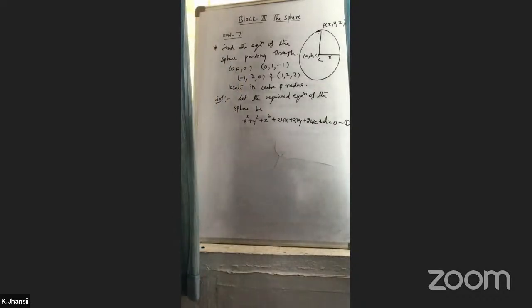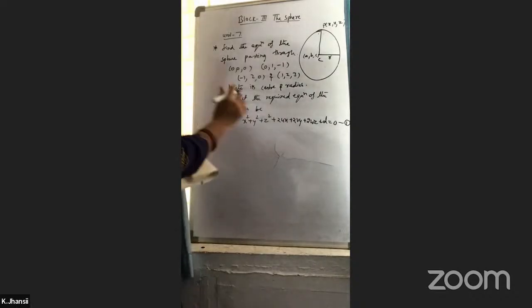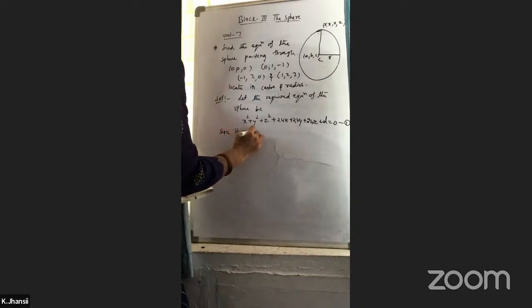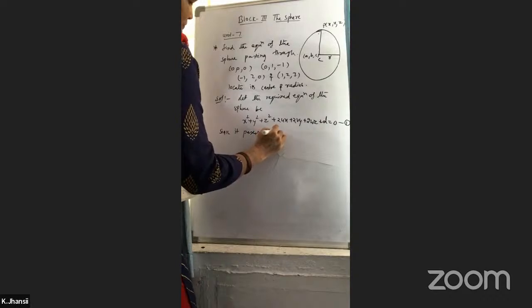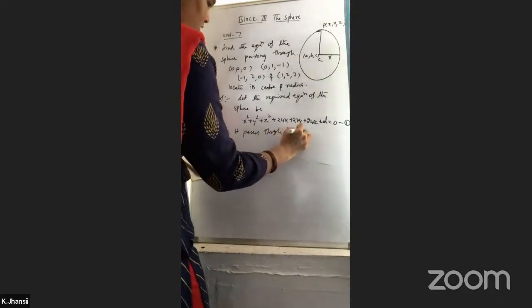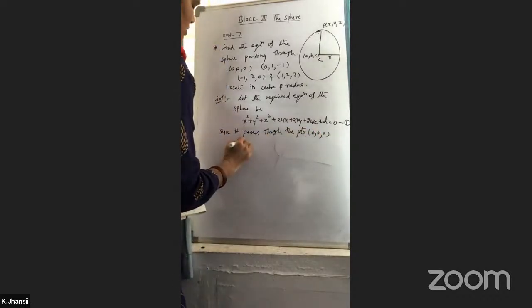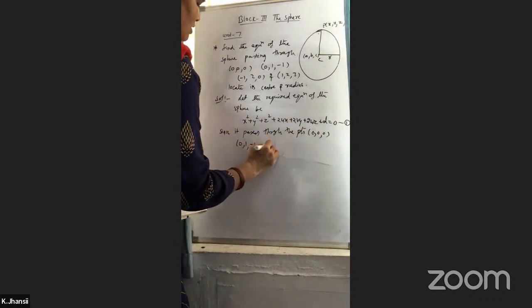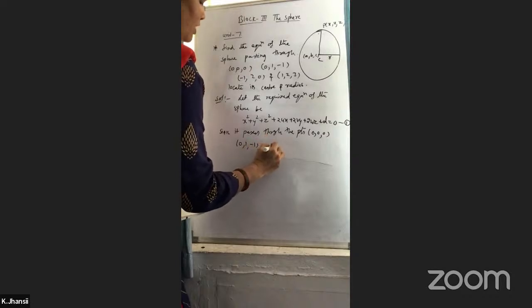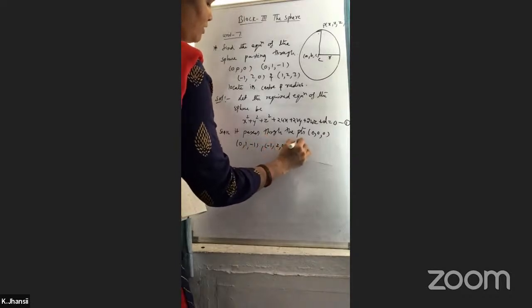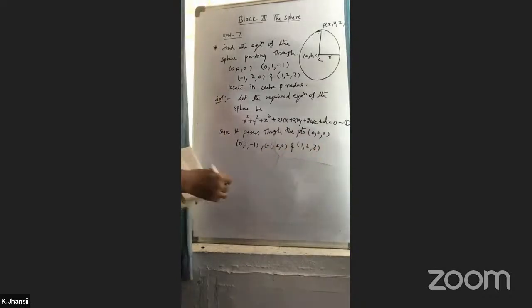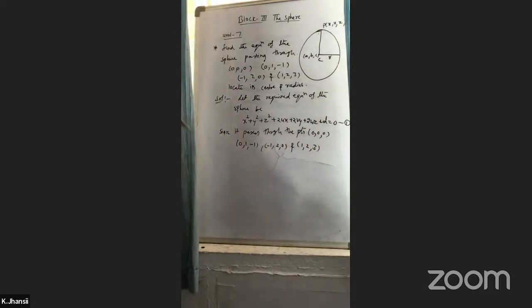The first point, 0, 0, 0, is passing through equation 1. So here you write, since it passes through the points 0, 0, 0, 0, 1, minus 1, minus 1, 2, 0 and 1, 2, 3. The first point you take as 0, 0, 0.